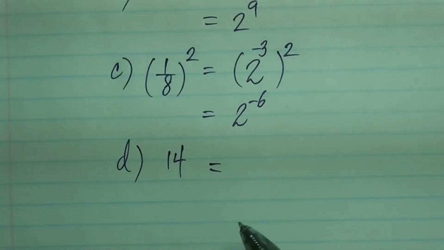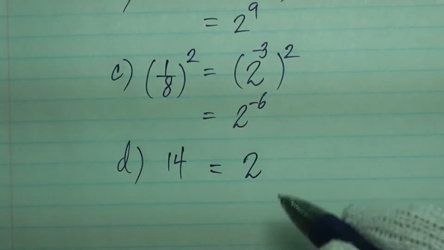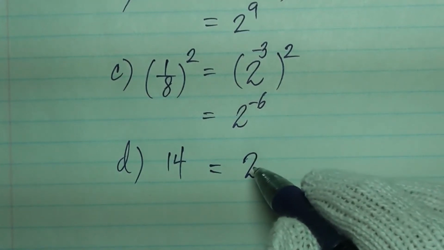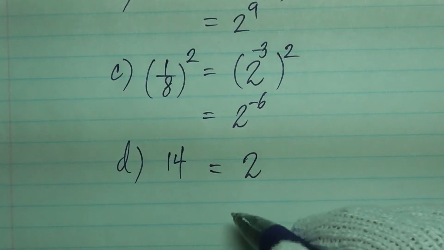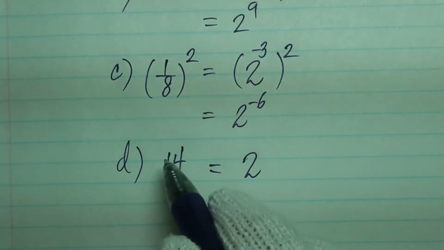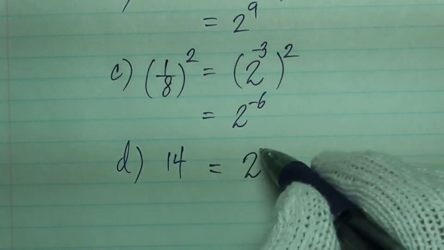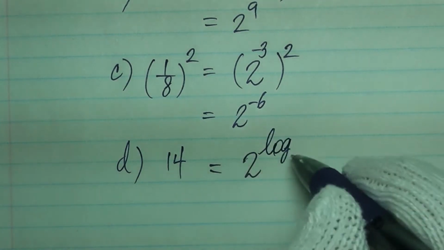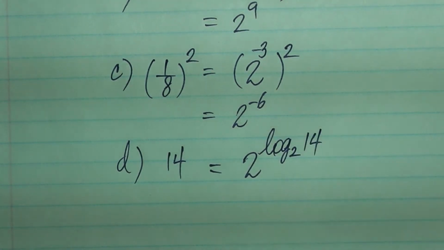How do we write that with base 2? The base is 2. I need to know the exponent. Well, the definition of log is if I take the log of a number, it gives me the exponent that I need to raise the base of the log to get that number. So if I had log base 2 of 14, think about it.